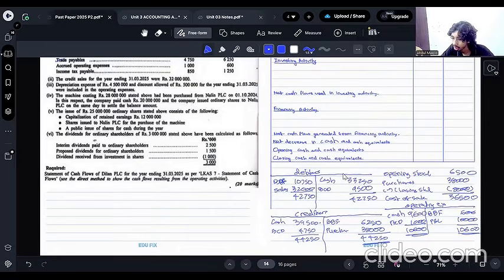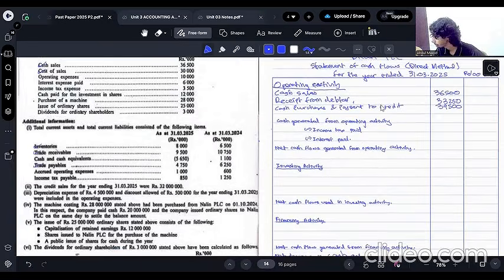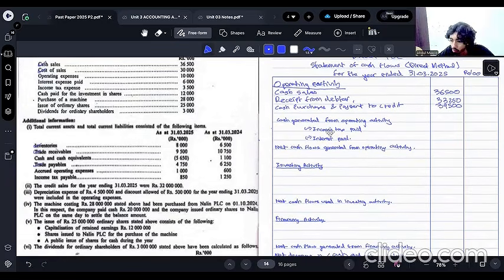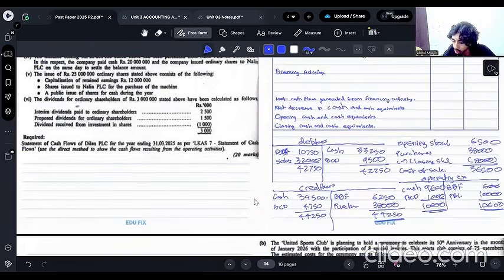So then here you can get, here there is a depreciation expense of 4,500,000 and discount allowed of 500. So discount allowed should be posted to the debtors account, right? Discount allowed 500.